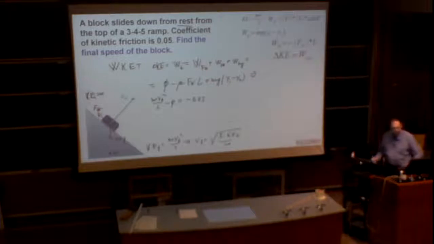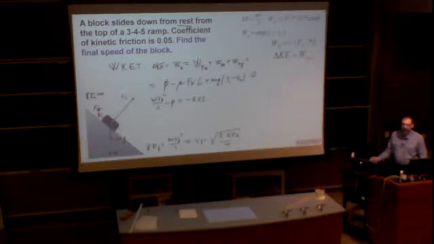Normal force, well, is normal force equal to mg in this situation? That's a yes or no question. What do you think? We have solved this situation before for acceleration, and we know that normal force depends on the angle.